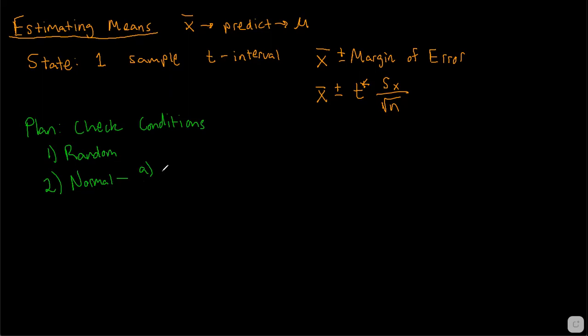First thing is maybe the population is normal to begin with. If the population is normal and our sample size is small, our distribution should be normal. Another thing is the central limit theorem. As long as that's met, we can assume our distribution is normal.